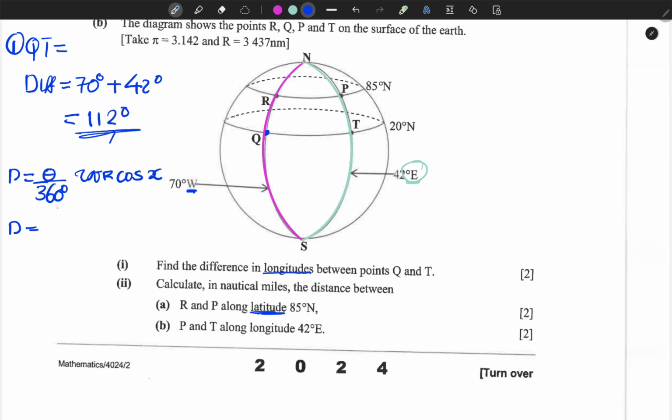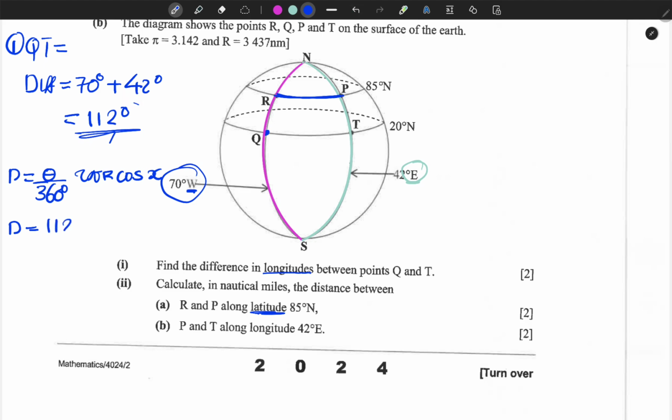Then theta is the difference in longitude, since the distance is along latitude. So it's between R and P. So this is the distance that we want. The longitude for R is 70 degrees west, for P is 42 degrees east. So the same difference that we found here is what we are going to use.